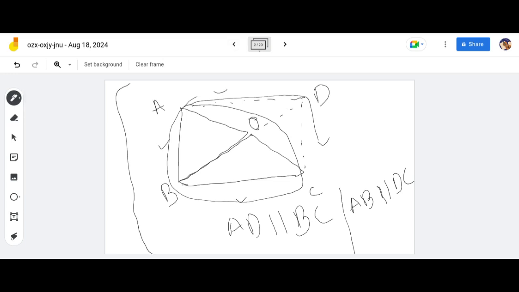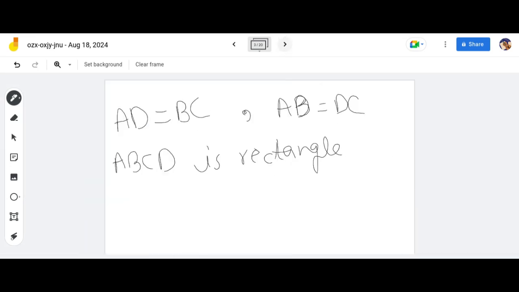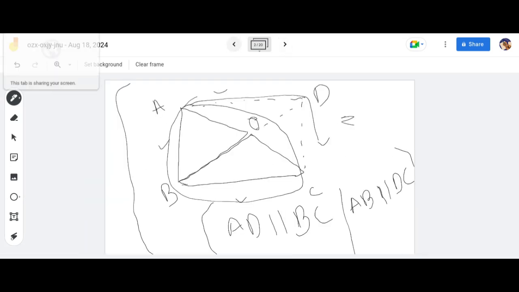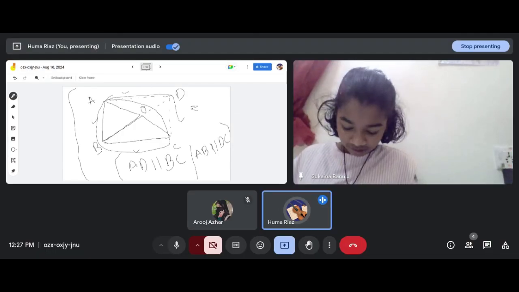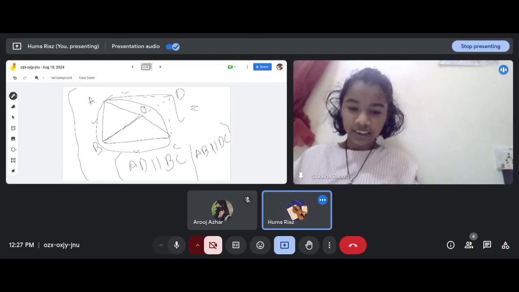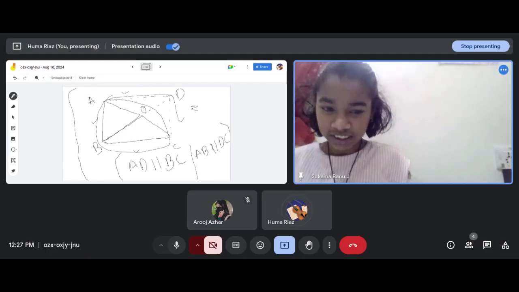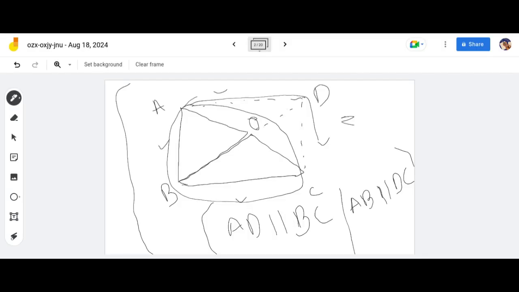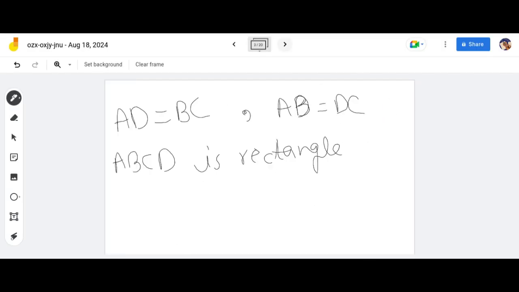You don't have to draw the picture, but you can say that if these are parallel, then they must be equal with each other. Okay, I'm done, ma'am. Can I move? Now start from here.